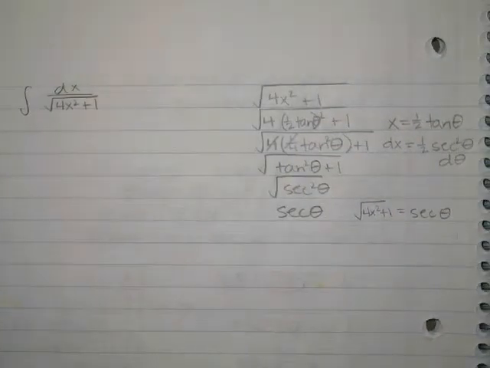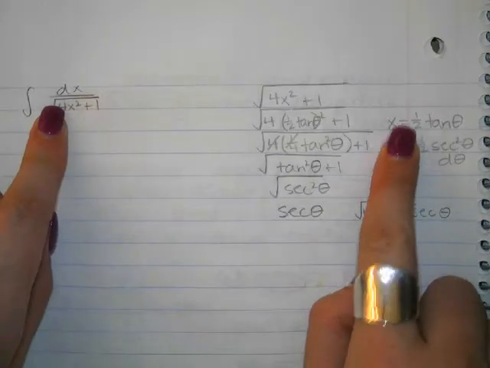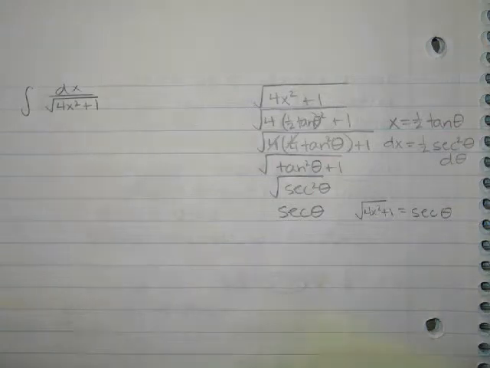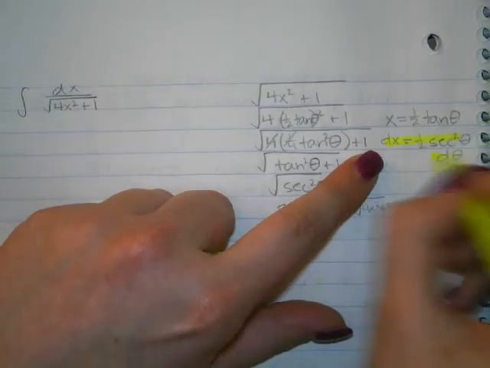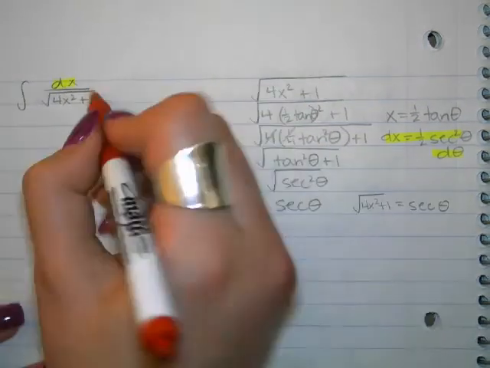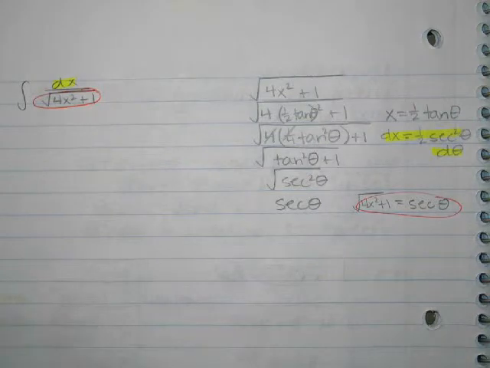Alright, so on this one, we don't have a plain x in the problem this time, so we don't really have to use this one. But we do have a dx. So we are going to replace the dx. And then we do have the square root, so we are going to replace that as well.